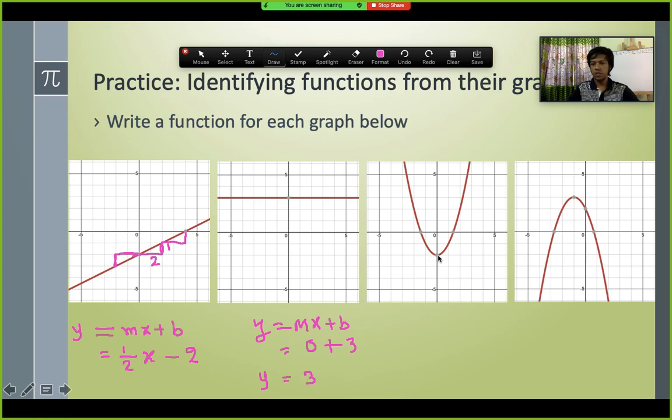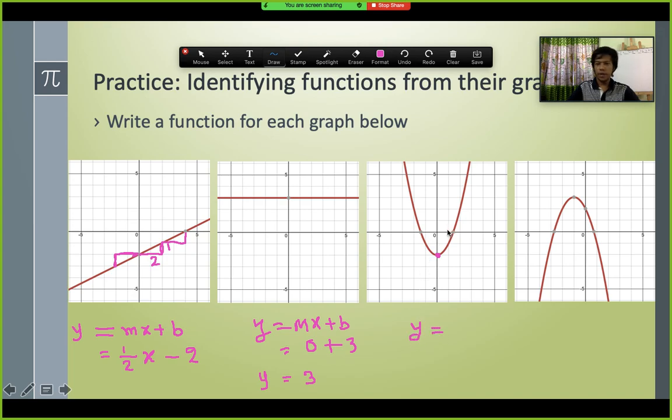So what about this part? You can see that this is some quadratic function, a parabola opening up, and the graph came down to -2, and to the left and right there is no movement. How do we know? Because the vertex is still on the y-axis. So now you know that y equals x squared.